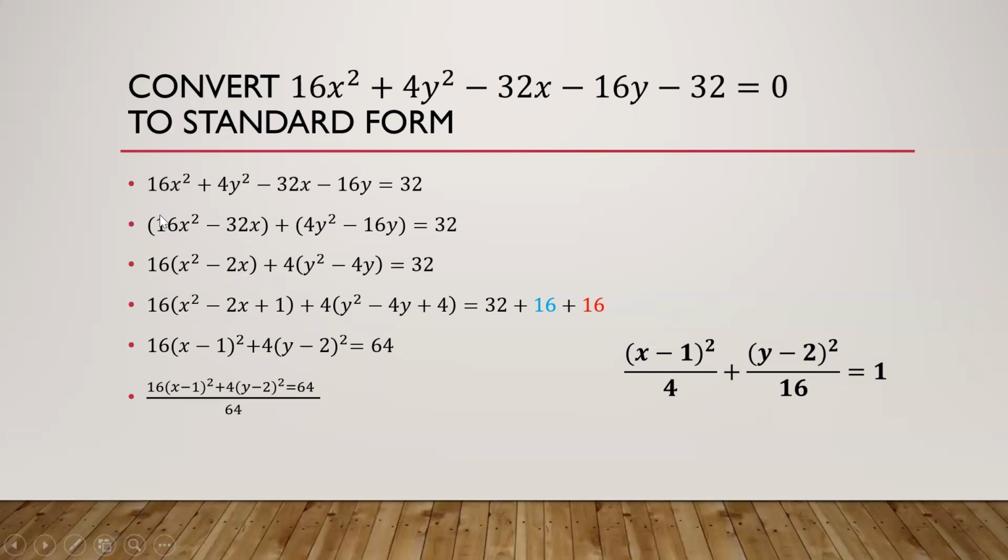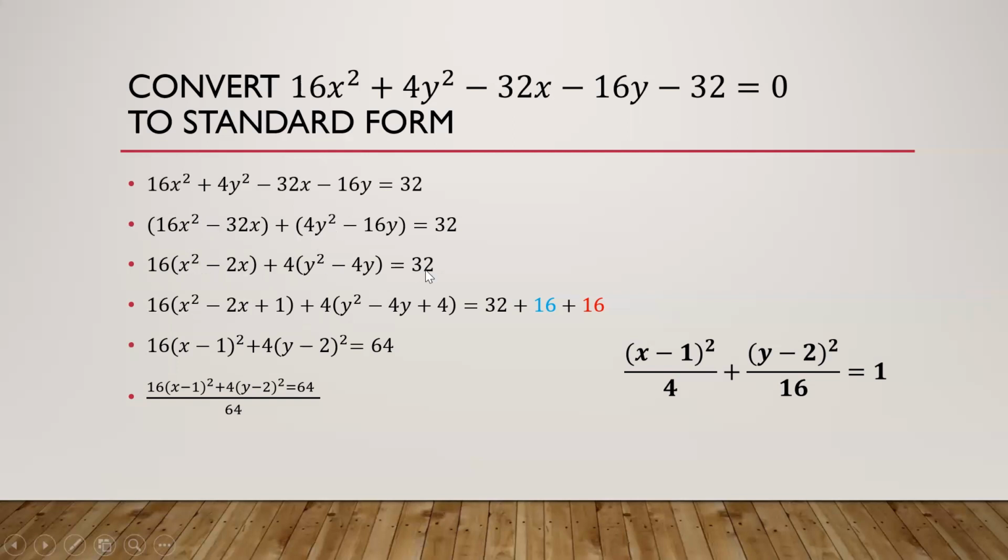So just to recap, first, we have to move our constants to the other side. So from negative 32, we moved it to the other side, becomes positive 32. And then we have to regroup or rearrange the terms. So we group the x's and the y's. After that, we factor out the coefficients of x squared and y squared.